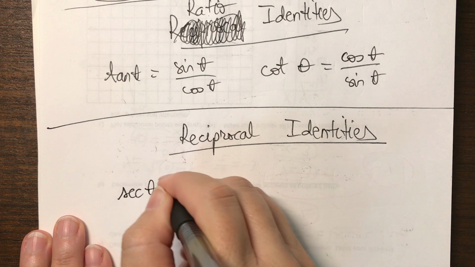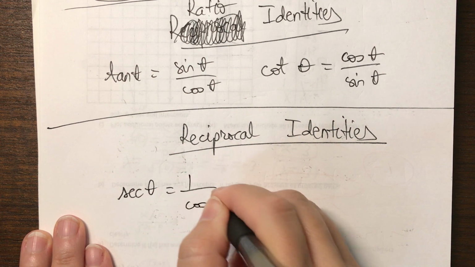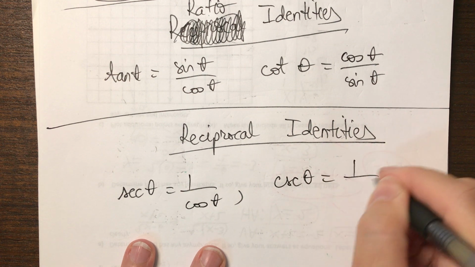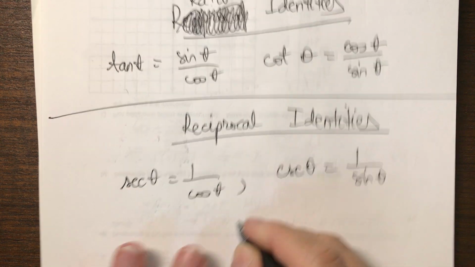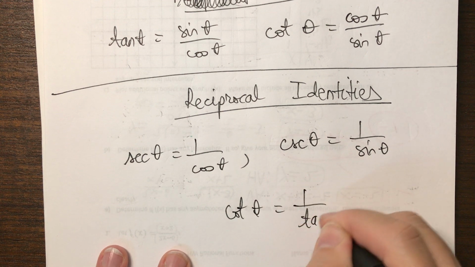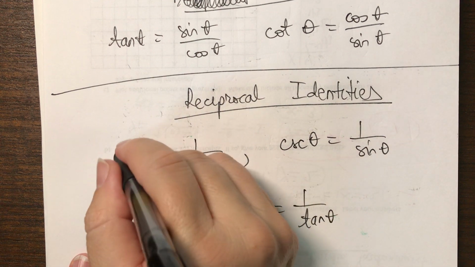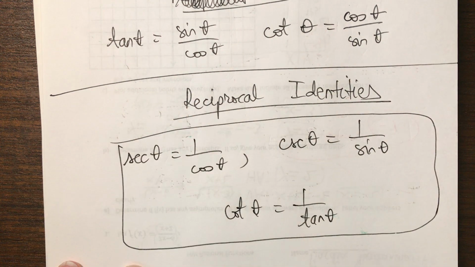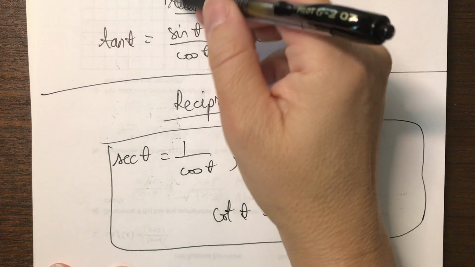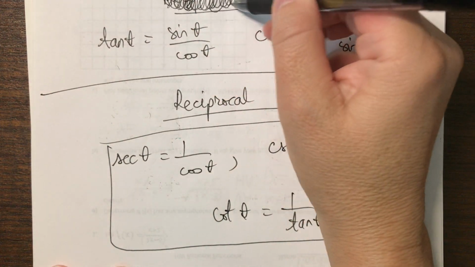Secant is the reciprocal of cosine. Cosecant is the reciprocal of sine. And cotangent is the reciprocal of tangent. Okay, well, there you go.